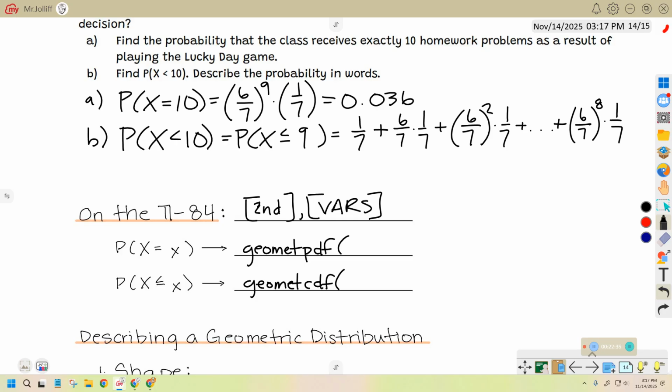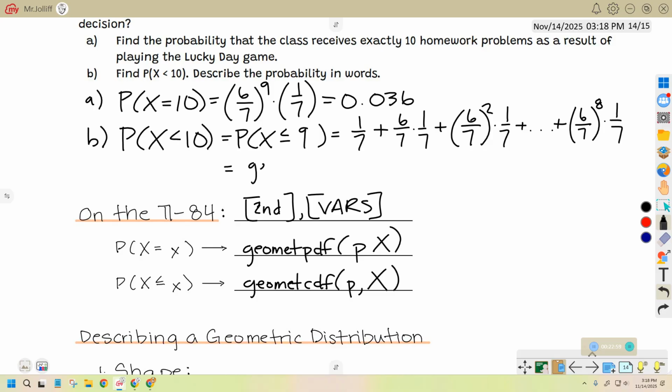What two values are those functions asking for? P and X value. Good. I need to know the probability of success. I need to know which trial I want that success to occur in. For us, PDF or CDF? CDF.